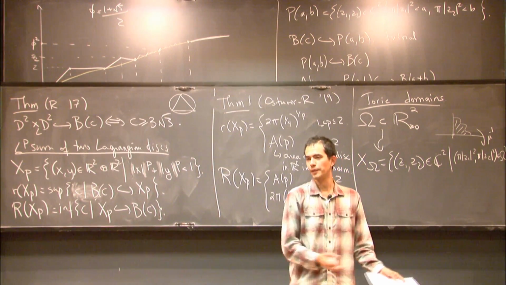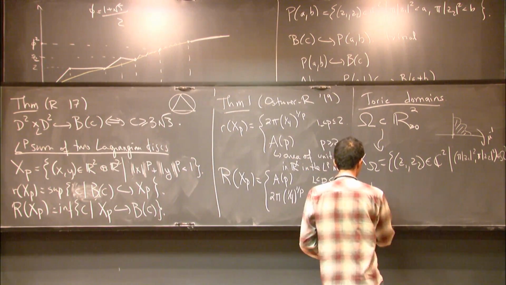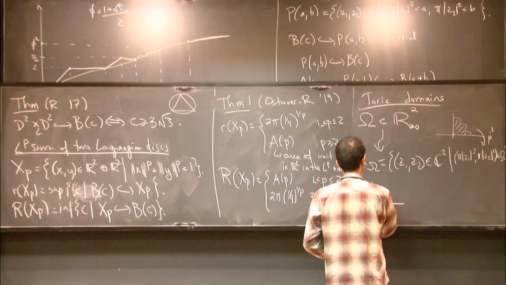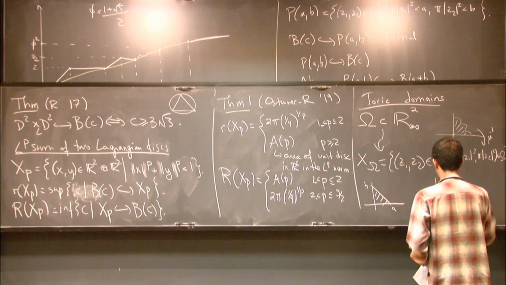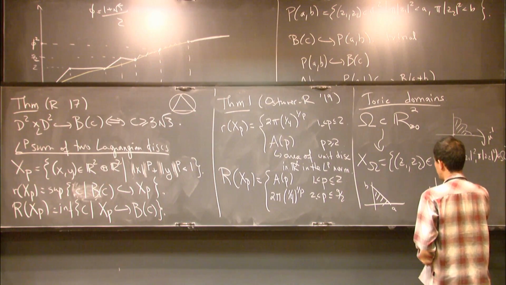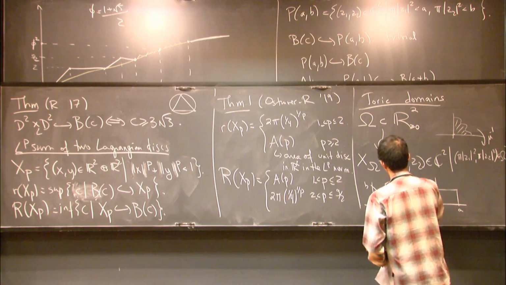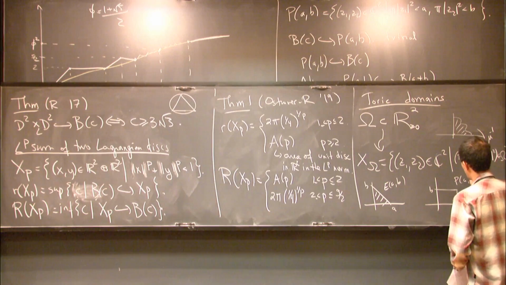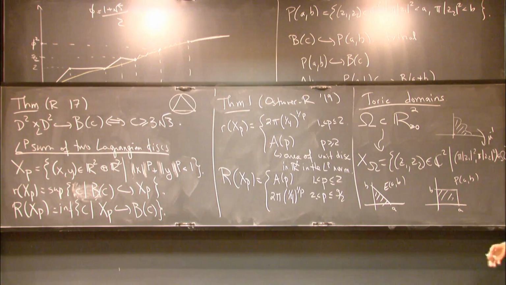And we like toric domains because, well, the ellipsoid is a toric domain. The polydisk is a toric domain. So this is the ellipsoid. This is the polydisk. And this is a very large source of examples, and a lot is known about symplectic embeddings of them.